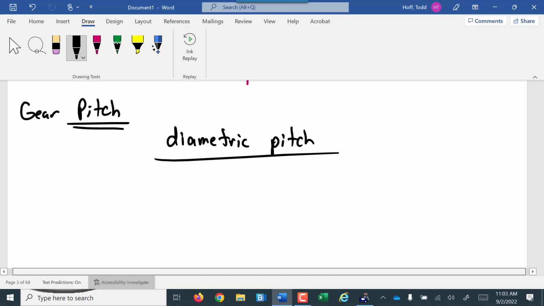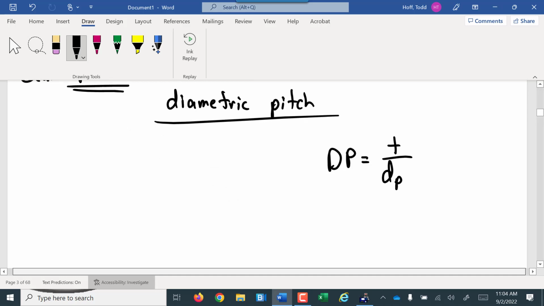The diametric pitch is equal to the number of teeth divided by the pitch diameter. So dP is diametric pitch, both capital letters, and D with the little p is the pitch diameter. The pitch diameter is a working diameter of the gear.